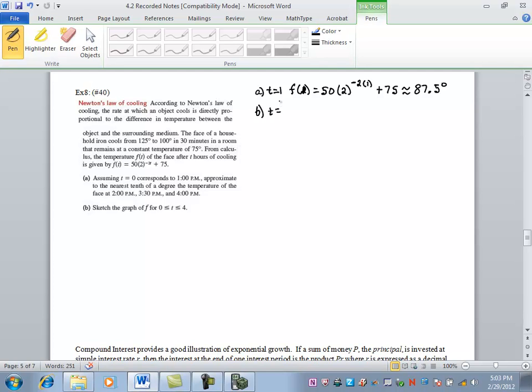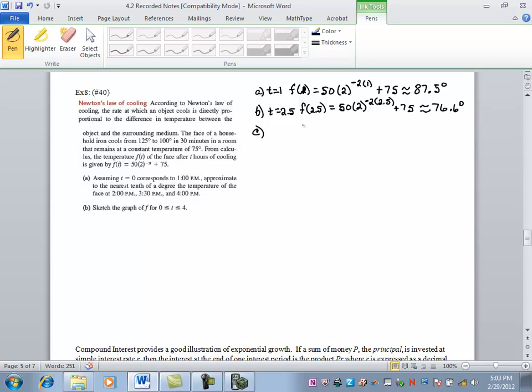If we look at T equals 2.5, 3:30 would be 2.5 hours after 1 o'clock. 50 times 2 to the negative 2 times 2.5, plus 75, which you can type into your calculator, turns out to be 76.6 degrees.